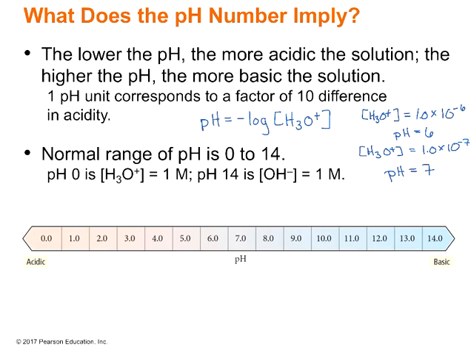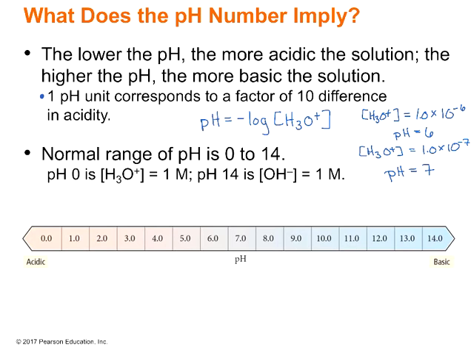So you'll notice that the pH value only increased by 1, but the concentration of the hydronium ions has increased by a factor of 10. So just keep in mind that, again, 1 pH unit corresponds to a factor of 10 difference in acidity.